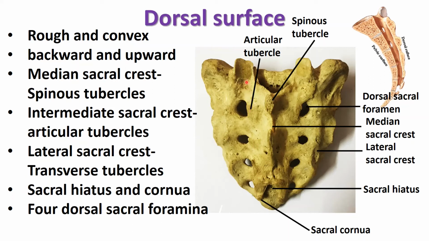Lateral to this intermediate sacral crest, there are 4 dorsal sacral foramina. Like the pelvic sacral foramina, they communicate with the sacral canal by the intervertebral foramina and transmit the dorsal rami of the sacral spinal nerves.